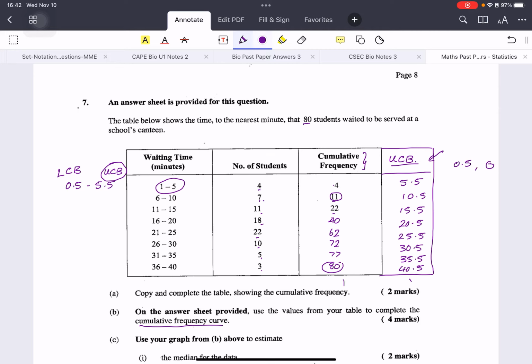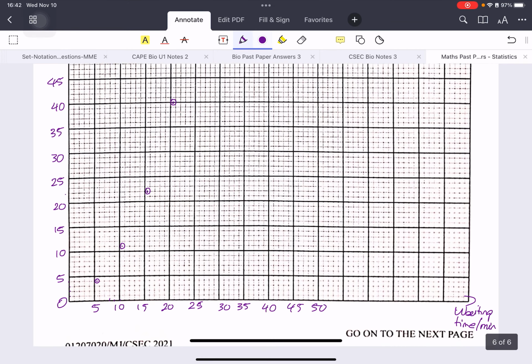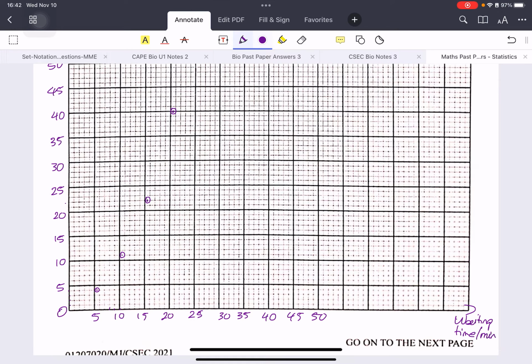No student got that. Okay, no student was so fast in the canteen, right? The minimum would have been 1 to 5, and only 4 students got that. So no student in this data got served within 0.5 minutes. So where's 0.5 minutes here?